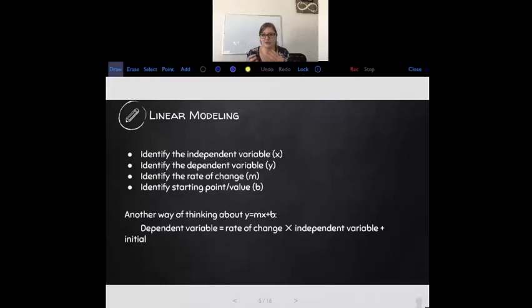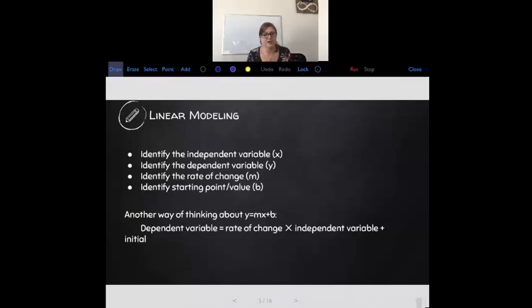Usually if there's some sort of time involved with the situation, time is usually independent, doesn't wait for anybody, and then whatever you're calculating depends on time. And so y is your dependent variable. Identify the rate of change or the slope, and this is typically something per something else, or whatever is climbing or falling in the problem by the same amount each time, and then identify the starting value, which is b.